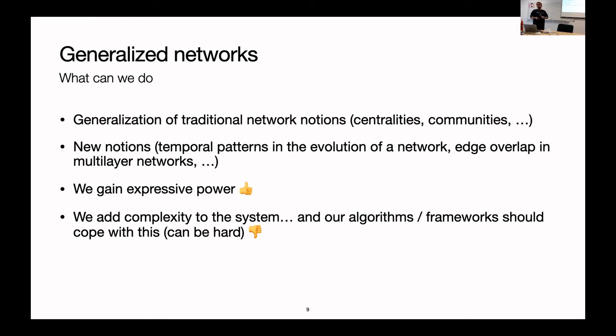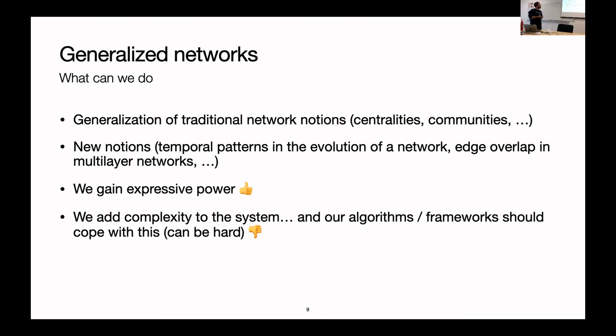And of course, besides that, we also have new notions that are unlocked with this new information. For example, we can now study temporal patterns in the evolution of our networks, or if we have multiple interactions with different modalities, we can study, for example, the edge overlap in multi-layer networks, which are problems that we did not have with classic networks.